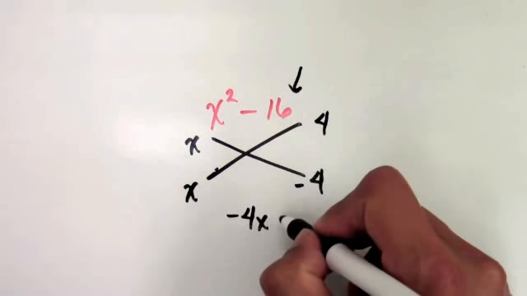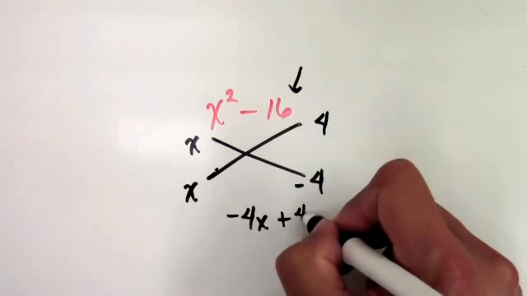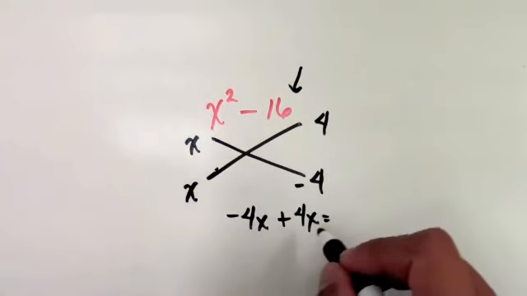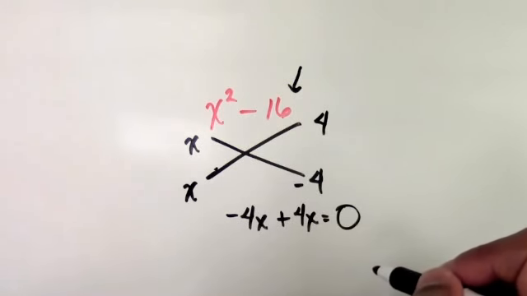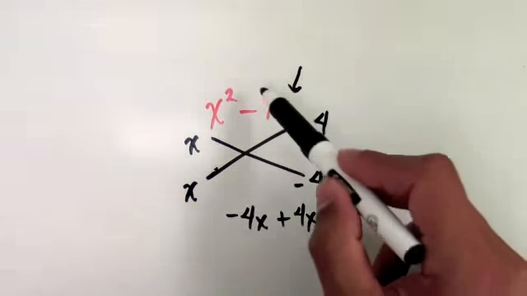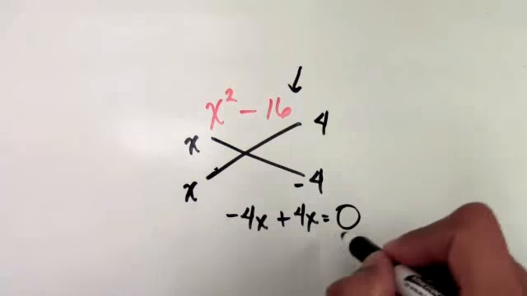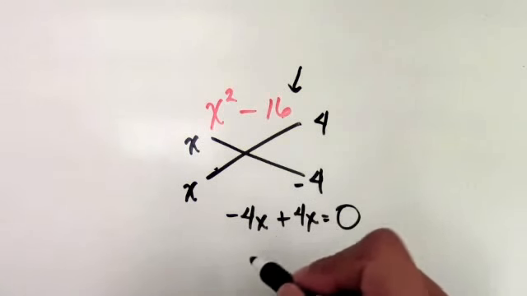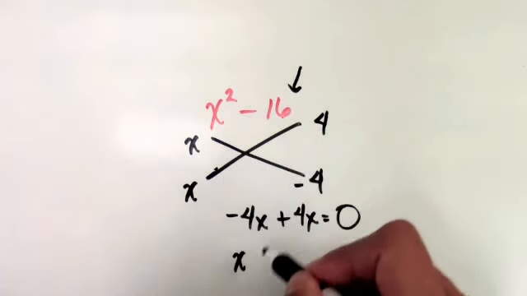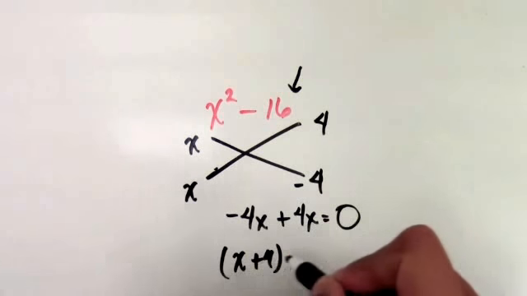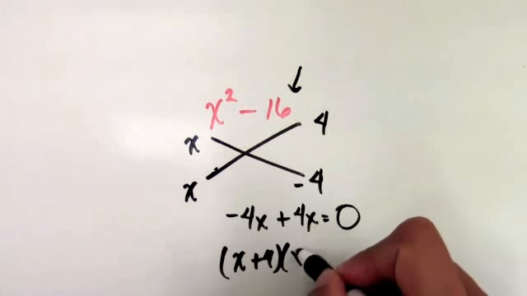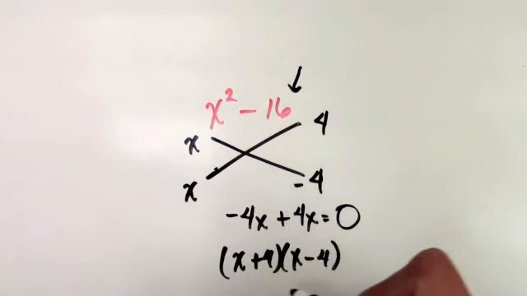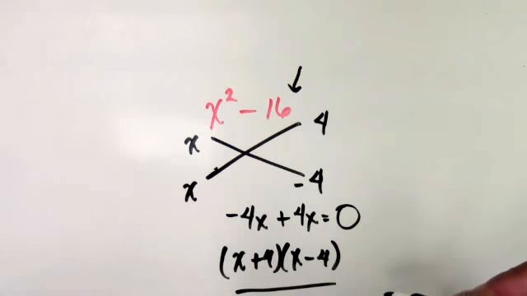X times positive 4, that's going to give me a positive 4x. So when I combine these two, I get a 0. And that's what I want, because there is no middle term. This eliminates itself. So now my factors are going to be x plus 4 and x minus 4. And these are your factors.